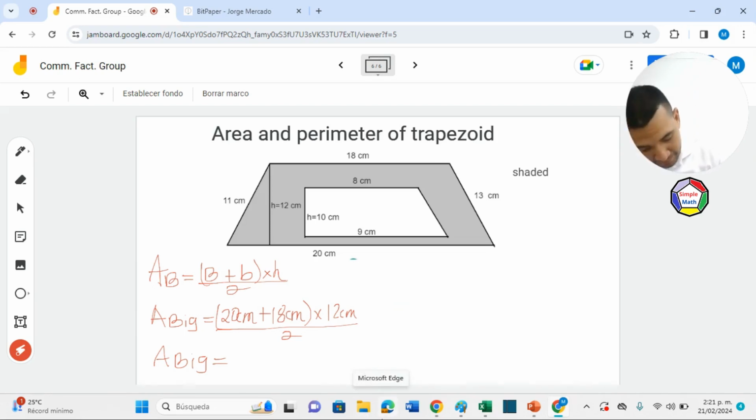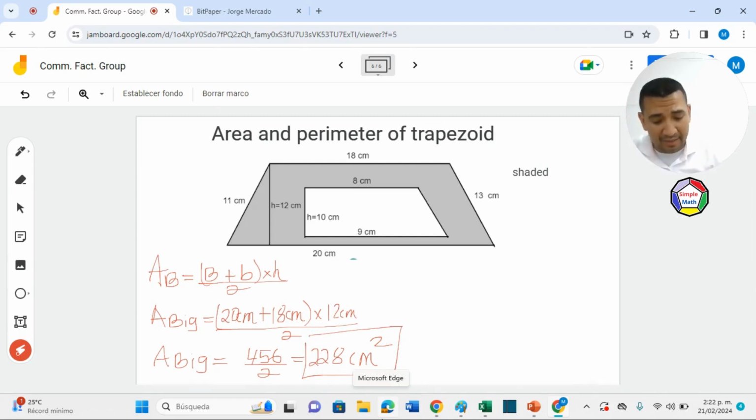So we have 456 over 2. And 456 divided by 2 is 228 centimeters square. That's the area of the big trapezoid.